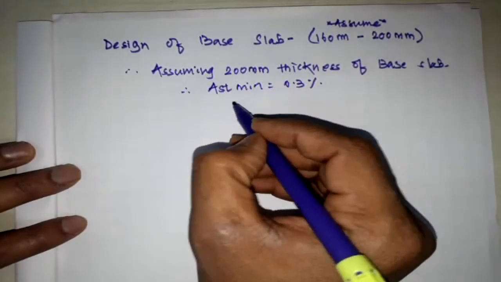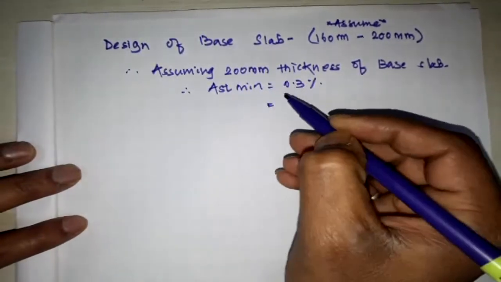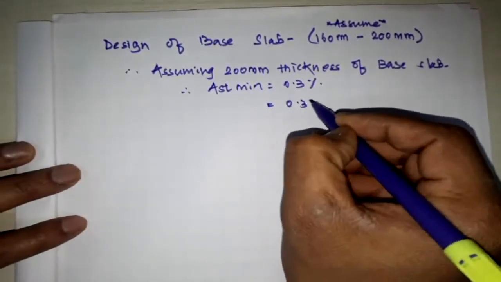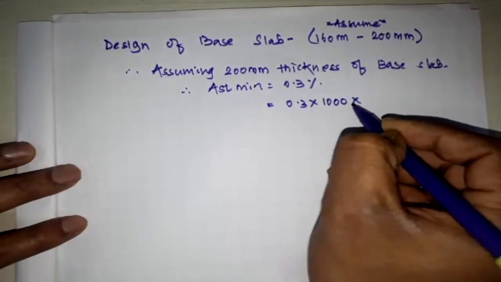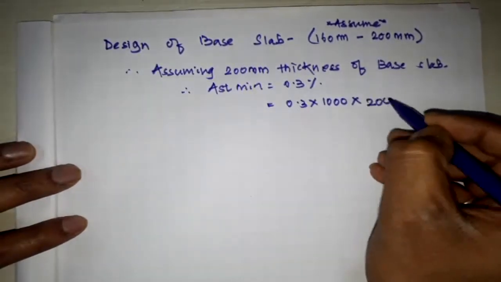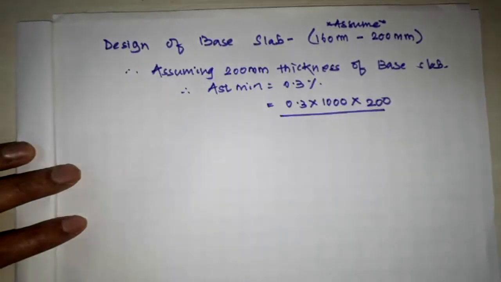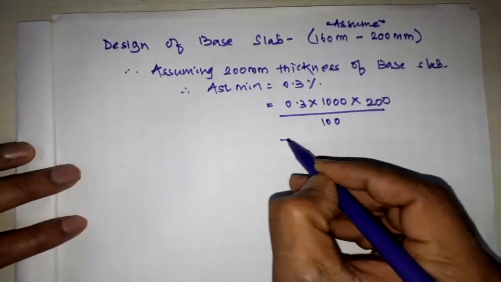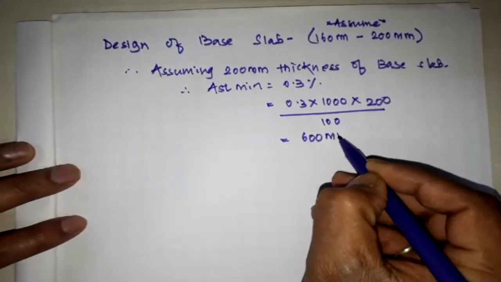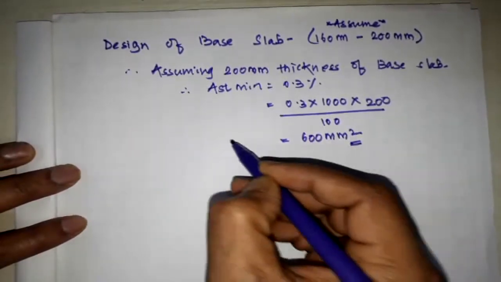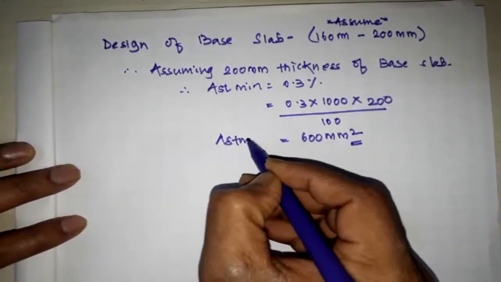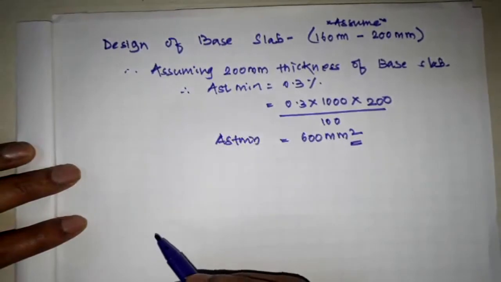Okay, so we can calculate AST minimum: 0.3 into 1000 into 200 divided by 100. So we get here 600 mm square. We got AST minimum that will be provided in the base slab.